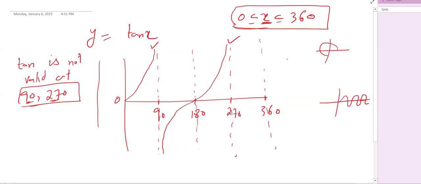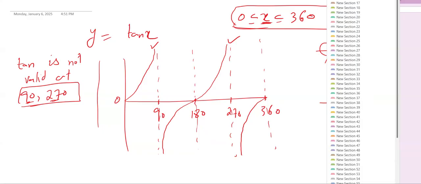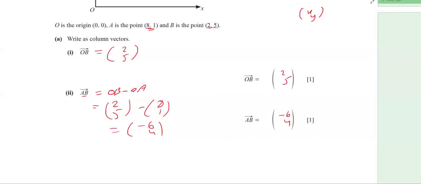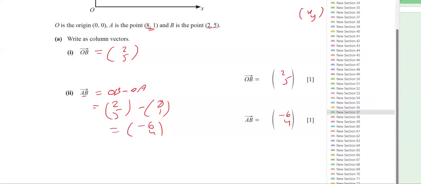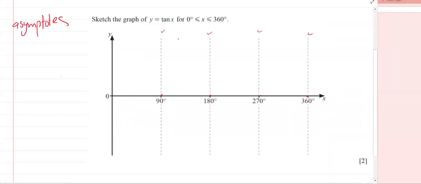So this is the sketch of tangent that you have to remember. Here you have been asked for the tangent. So how it would be? You have to remember this sketch, please. Okay?